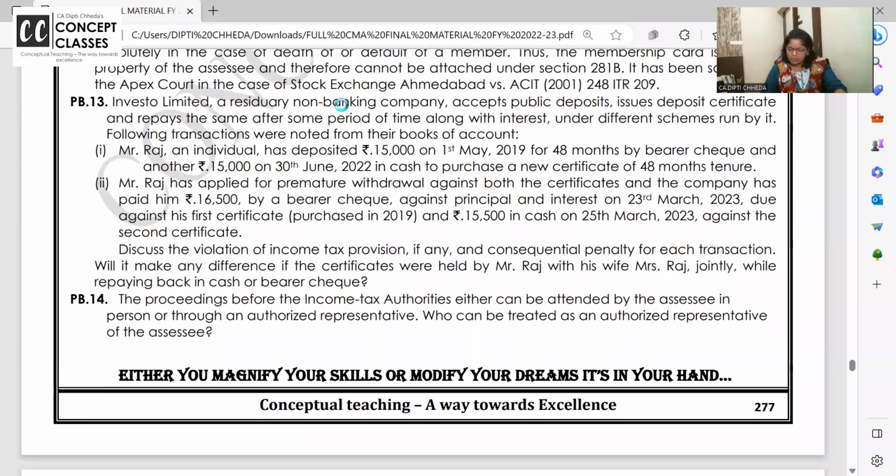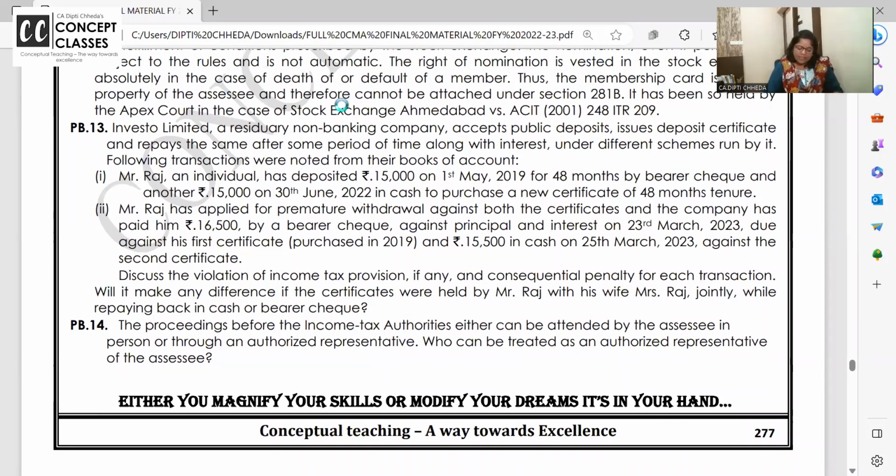I'm on page number 277. Investor Limited is a residuary non-banking company, accepts public deposits, issues deposit certificates and repays the same after some period of time along with interest under different schemes run by it. Following transactions were noted from their books of accounts.